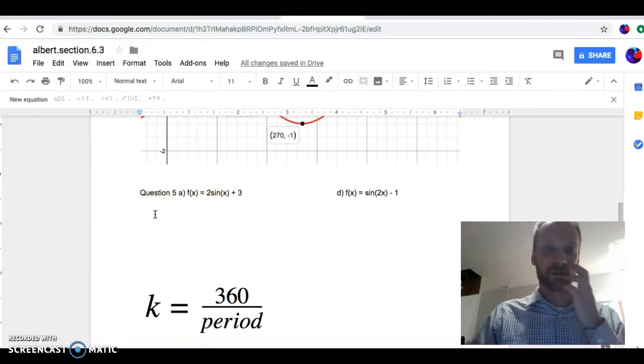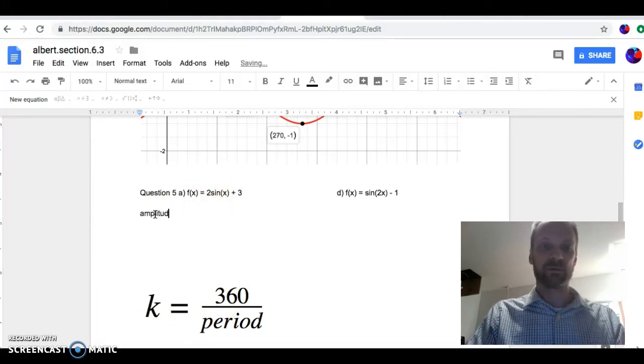So if I wanted to do amplitude, I don't even need a graph to do amplitude. I know that it's 2. If I want to do period, I don't even need a graph. It's right here, and it's 360, because 360 divided by 360 would give me the 1 that is sort of invisibly sitting there.